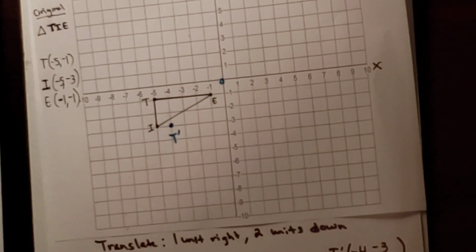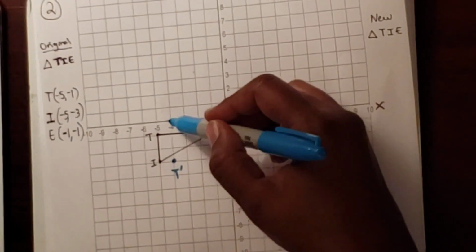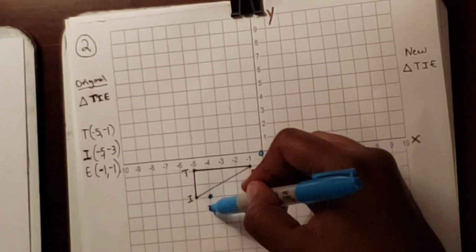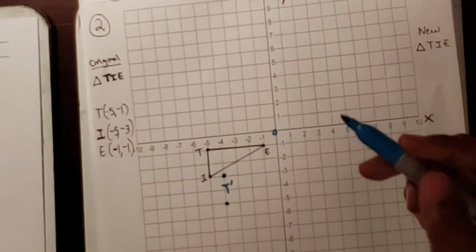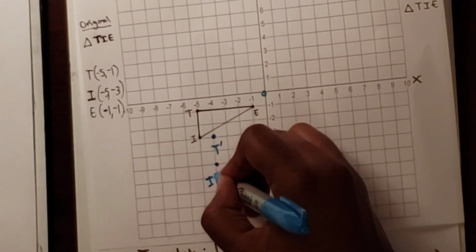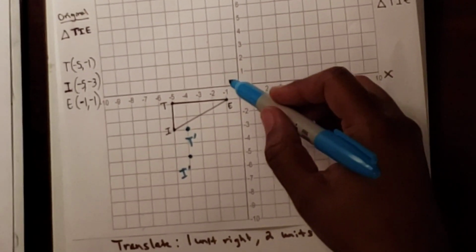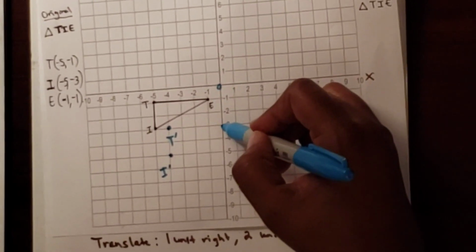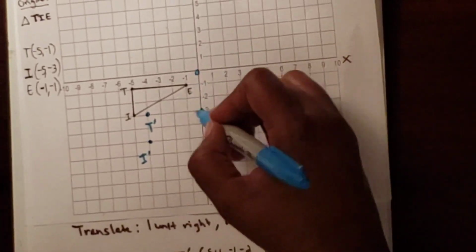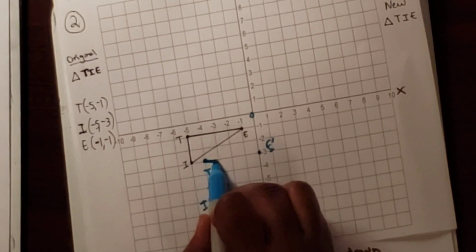And then I prime, -4, -5, go over to -4, and then down 5, and that will be I prime. And then E prime, go to the origin and go down to -3. And that's going to be E prime. Now let me connect them.